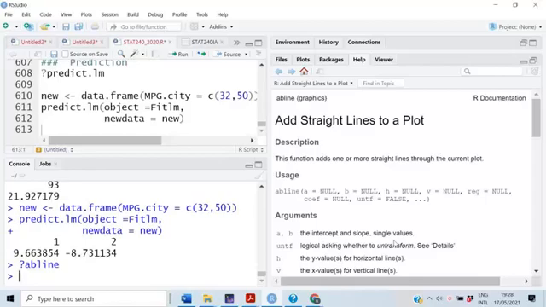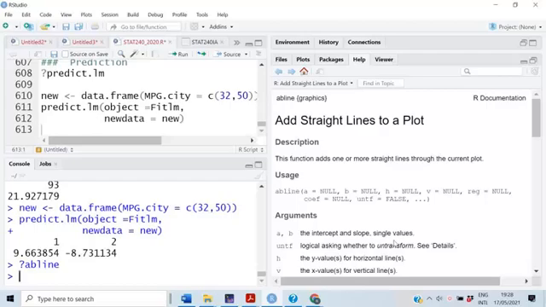One other way, remember there's h and v. h and v are horizontal and vertical. If I want to draw a vertical line, I can give the vertical line, where the value of x will be the same for each value of y. If I want the horizontal line, the value of y will be the same for each value of x.